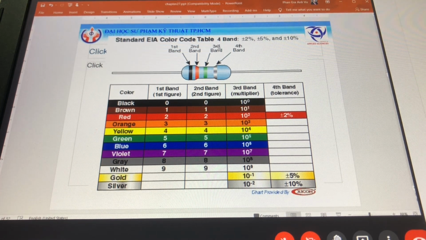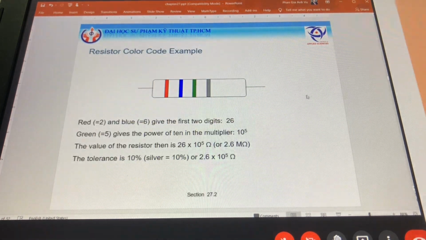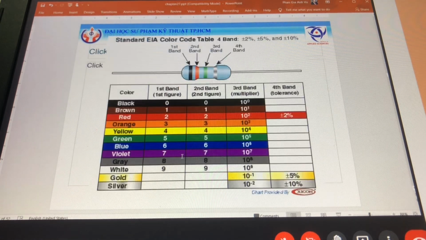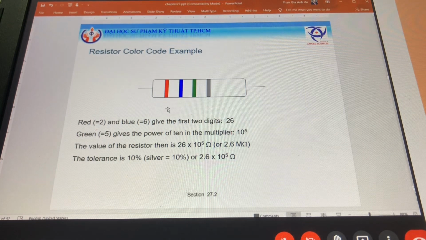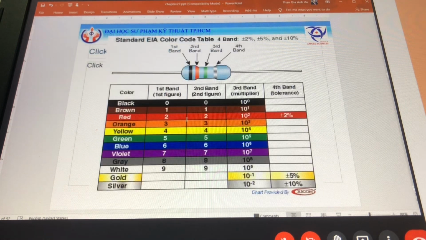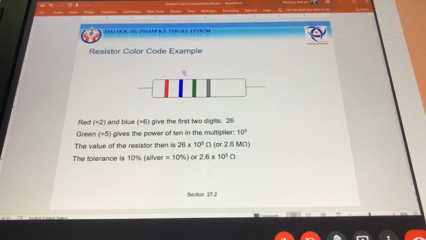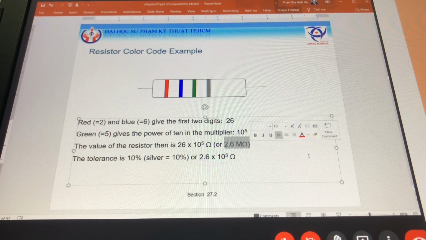Okay, so for example, when you read that one, you will have the value here: red, blue, green. Red is 2, blue is 6. So you have 26, multiplied with this one, so you have 2.6 mega ohm.